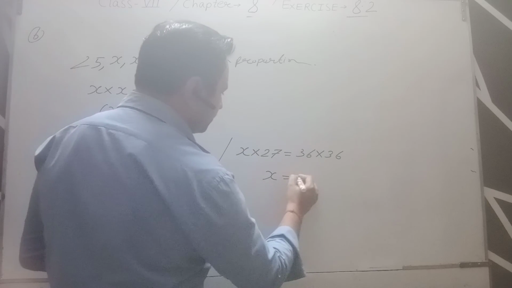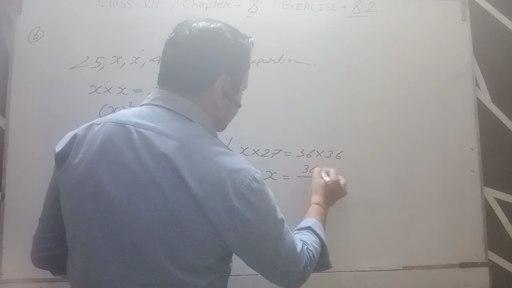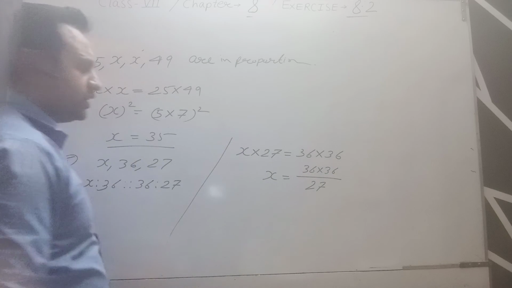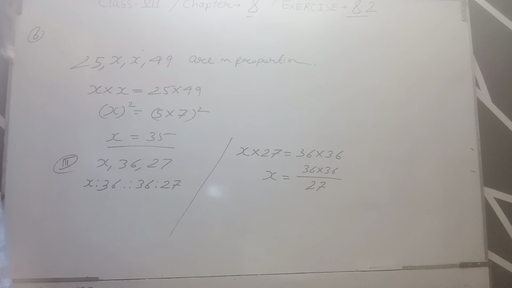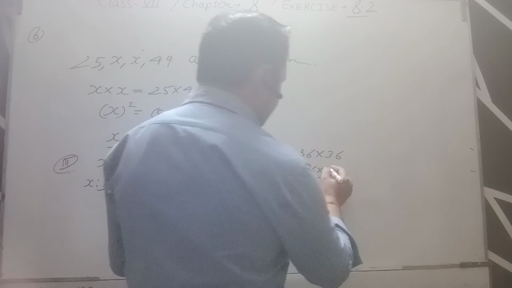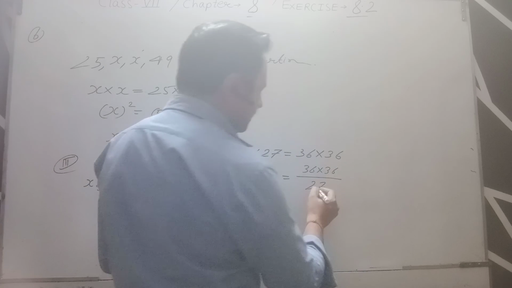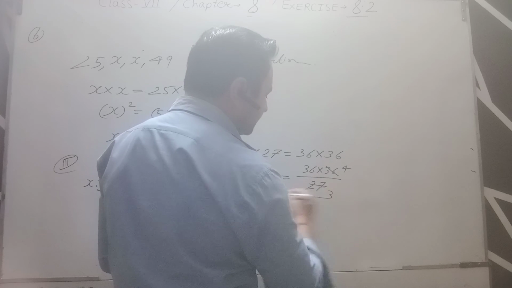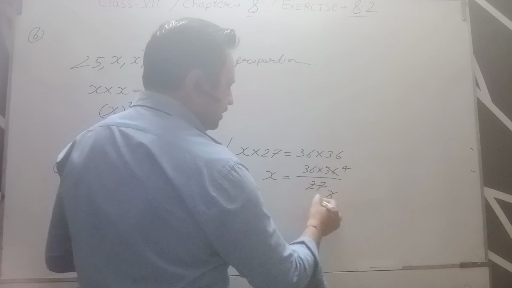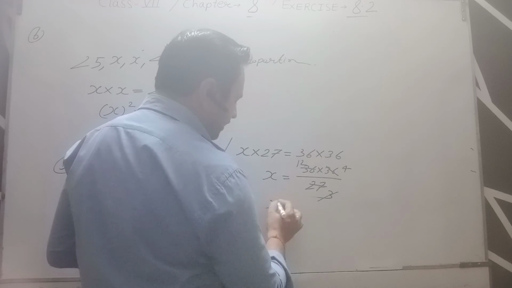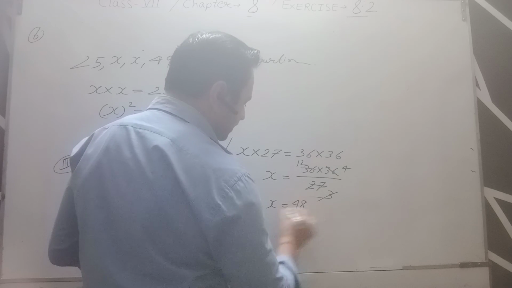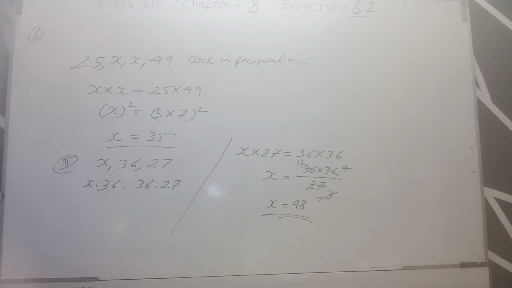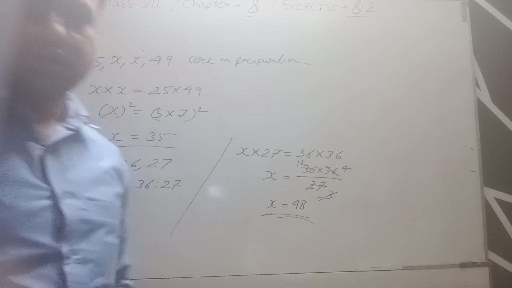So x is equal to 36 multiply 36 upon 27. After calculation we can find the value of x. 36 and 27 both are divisible by 9. 9 4s are 36, 9 3s are 27, and 12. So x is equal to 48. So I hope question number 6 is clear. Just note down.